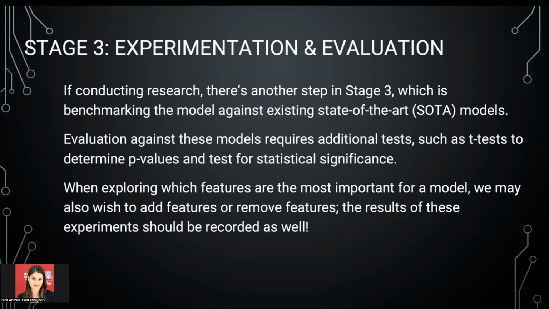So for example, you might need to do some Student's t-tests to determine p-values for how well your model performed compared to existing state-of-the-art, and just test for statistical significance. And then when we're exploring which features are the most important for our model, we might also want to add features or remove features. And the result of those experiments need to be recorded as well. So recording your experiments and all of the evaluation criteria is a job in and of itself.